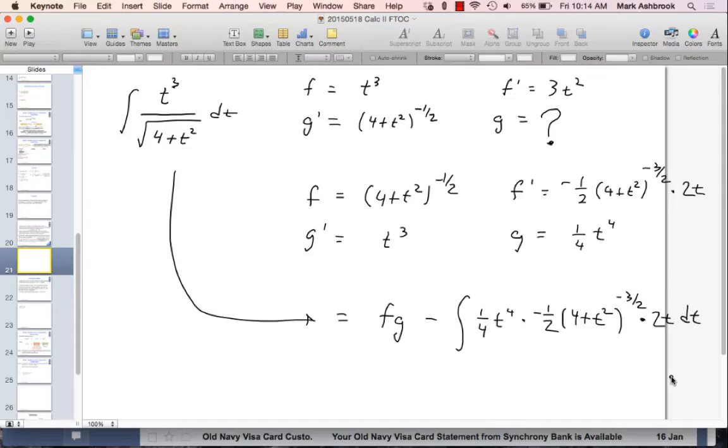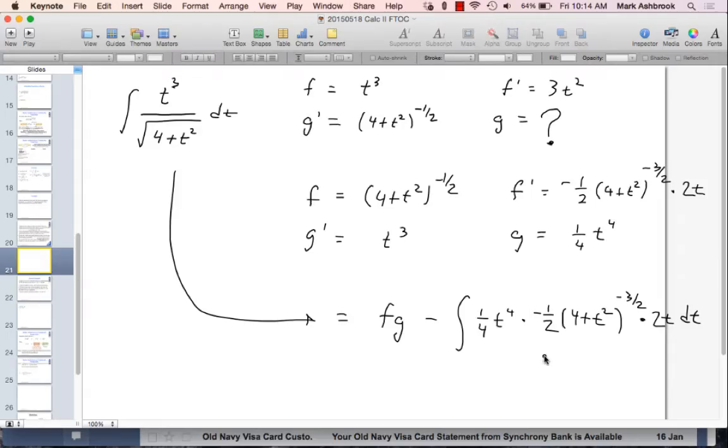And what was the point of this? That was supposed to be easier. Now we can make the t and the t to the 4th t to the 5th, right? But we have 4 plus t squared to the negative 3/2 and times t to the 5th. How did we do?